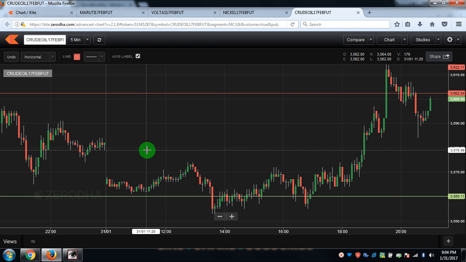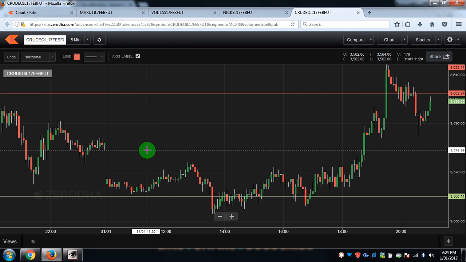There is nothing like you have to trade only Nifty, or only Infosys, TCS. You can trade any stock, but you have to keep a watch on the same stock for the next 5 days and see what result it has given. Then you will get good results for intraday trading.